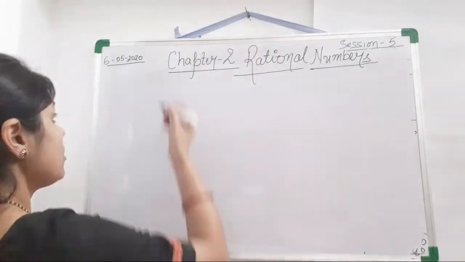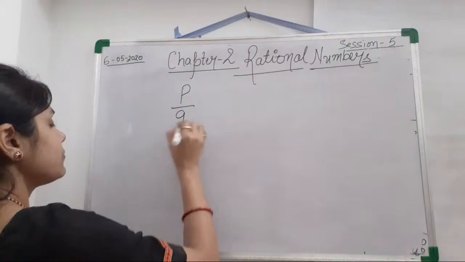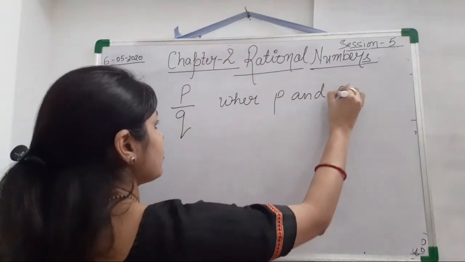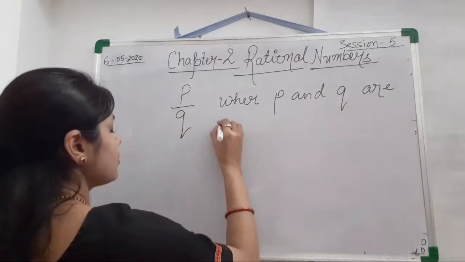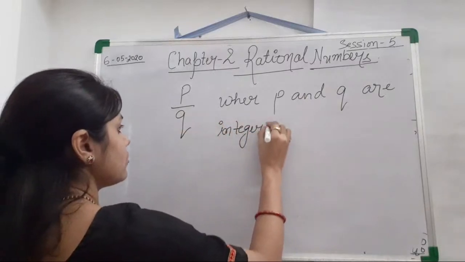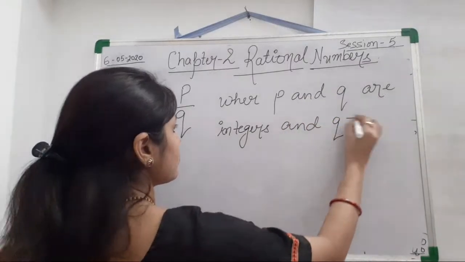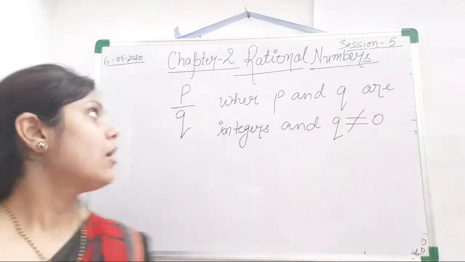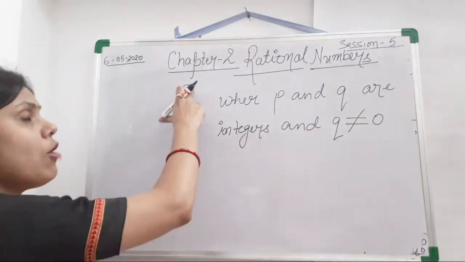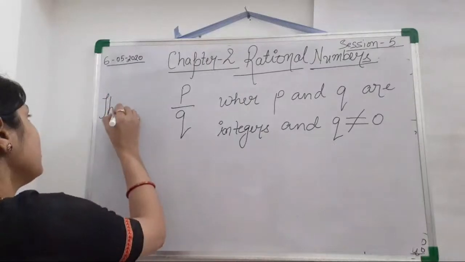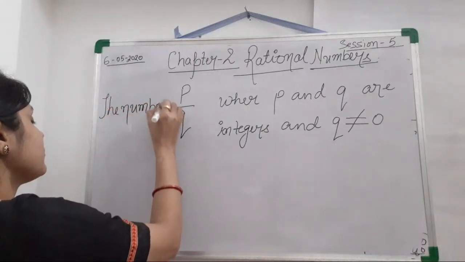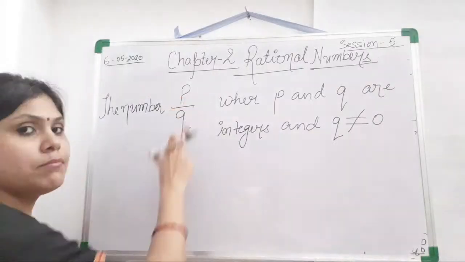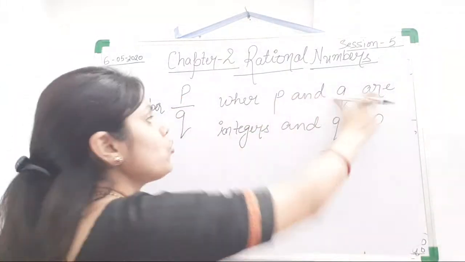What are rational numbers? A rational number is a number which is in the form of P by Q, where P and Q are integers.